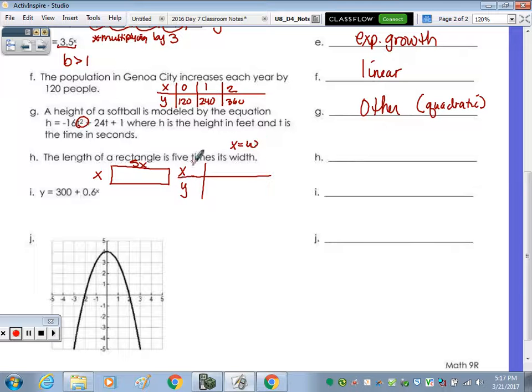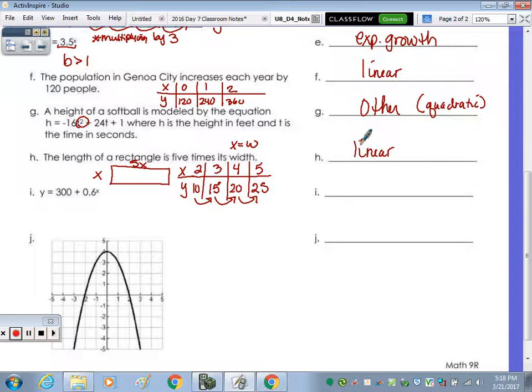So if x is, say, 2, then it says the length is 5 times the width, so that would be 10. If the width was 3, 5 times 3, the length would be 15. If the width is 4, the length is 5 times 4, 20. If the width is 5, 5 times 5, 25. So as our widths increase by 1, we notice to go from one y to the next, we're adding 5, which would be linear.